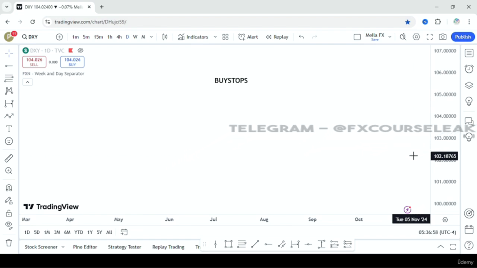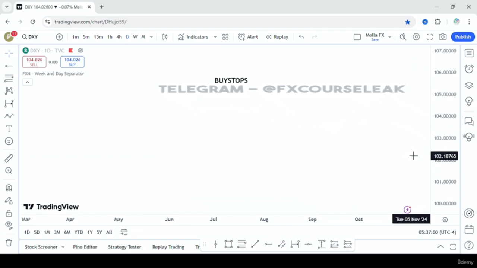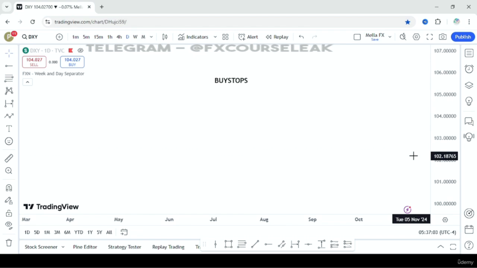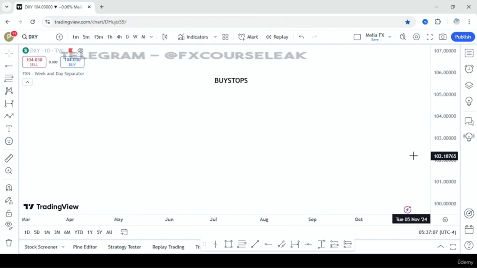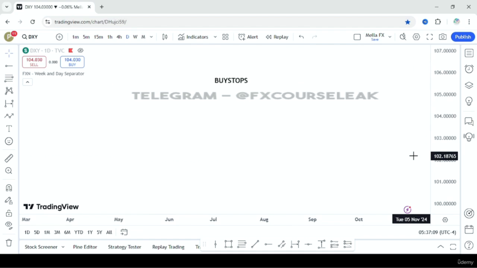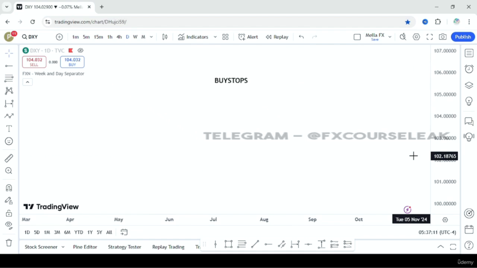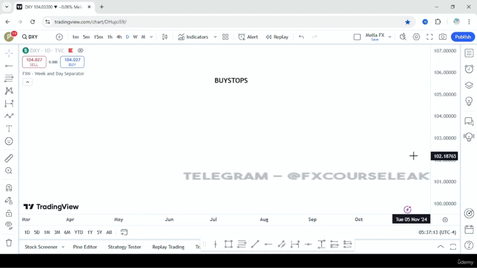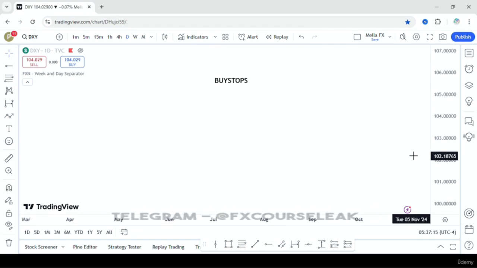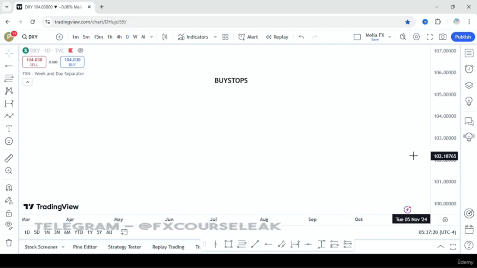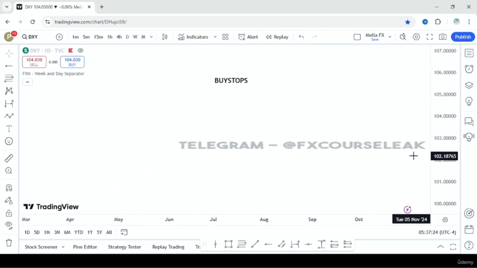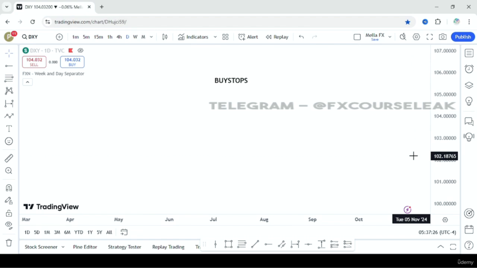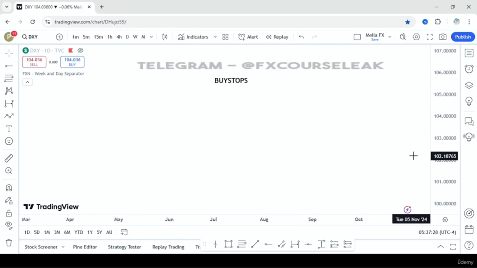What I mean is they are orders, liquidity, or stops at swing highs, daily highs, session highs, any swing high that you can find where the market comes, runs it, and then reverses into the opposite direction. So let us look at an example of buy stops in the market.